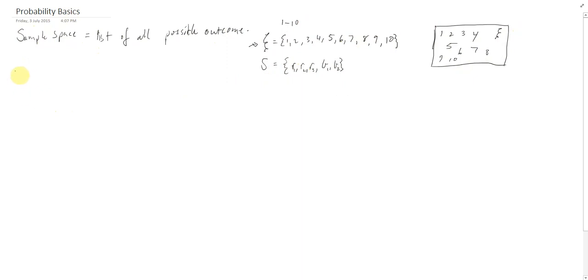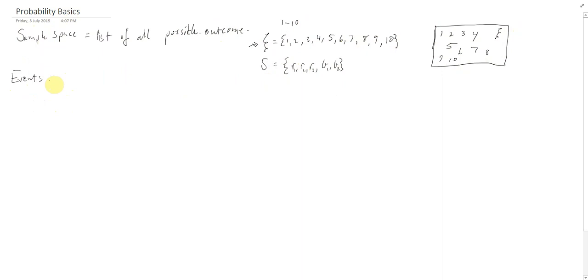Now the next thing we need to know about is something called events. Events basically are talking about something that you want to happen and observe that happening. So if our sample space is this first one, we're just choosing randomly the numbers 1 to 10, our event could be, say, choosing an even number. So we label events with a capital letter.